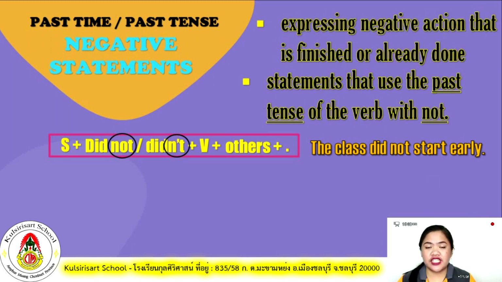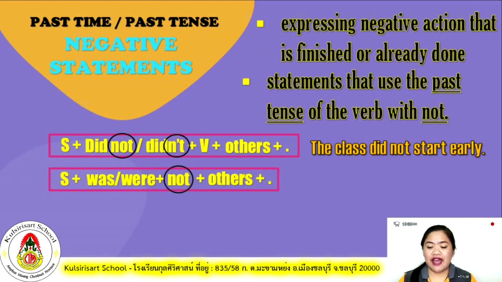So now let's proceed to another formula. We have subject plus were or was plus not plus others. And do not forget your punctuation, which is the full stop, because we are talking about statements, not question. So always use full stop. Okay?